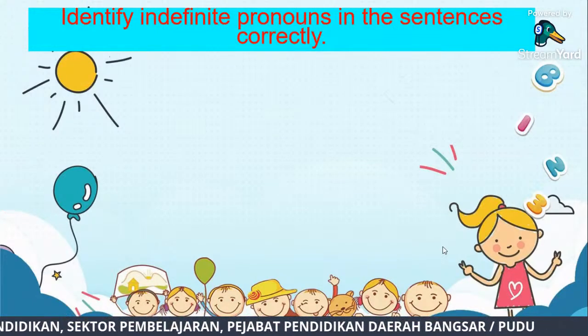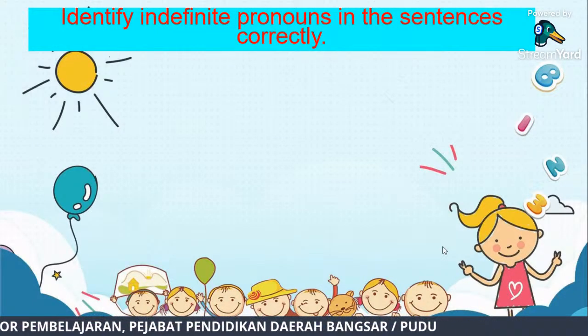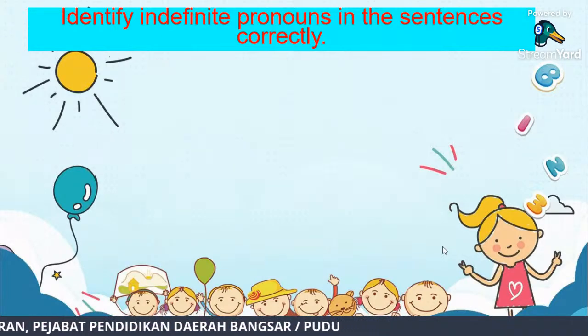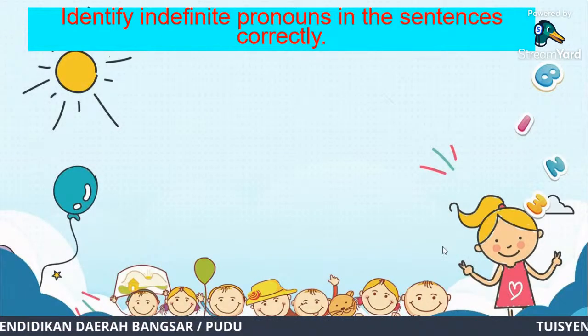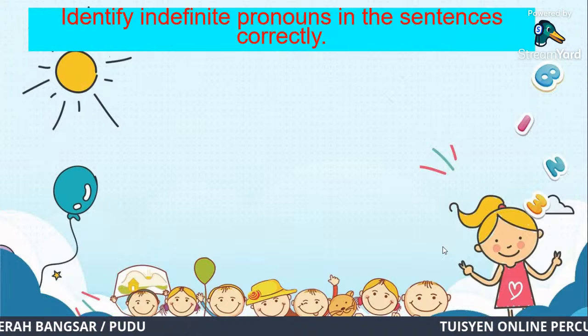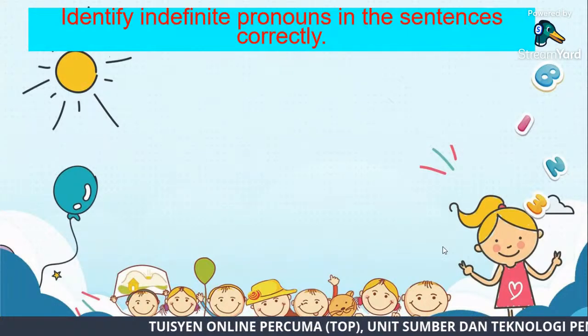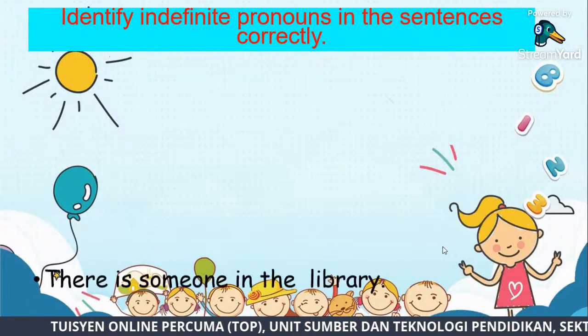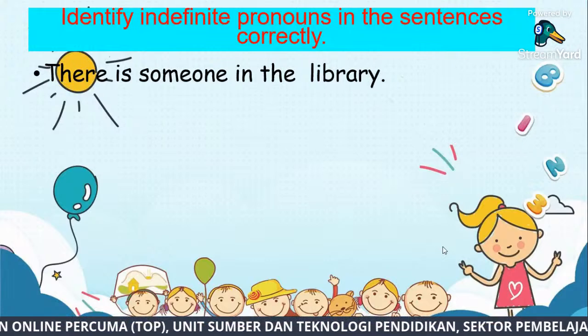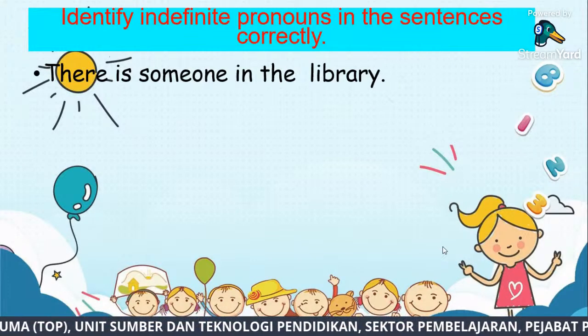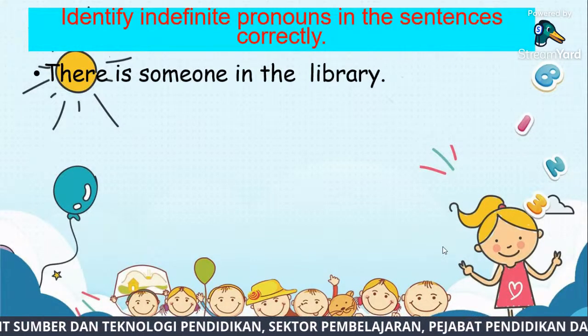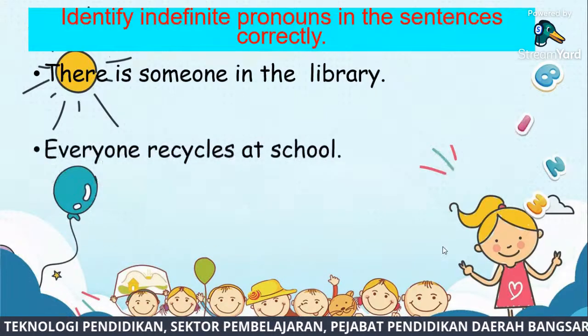The first one. I hope you can have a clear picture now of what these indefinite pronouns are. Now we're going to identify the indefinite pronouns in the sentences correctly. I hope you know that very clearly, right?